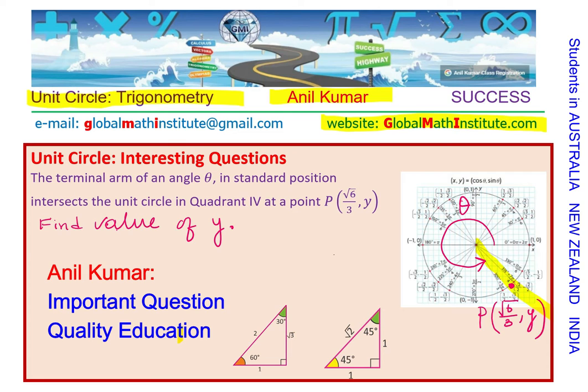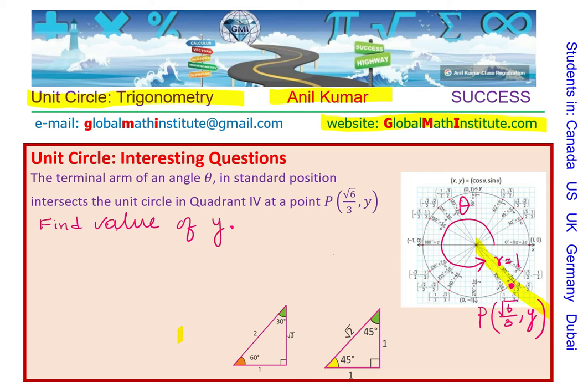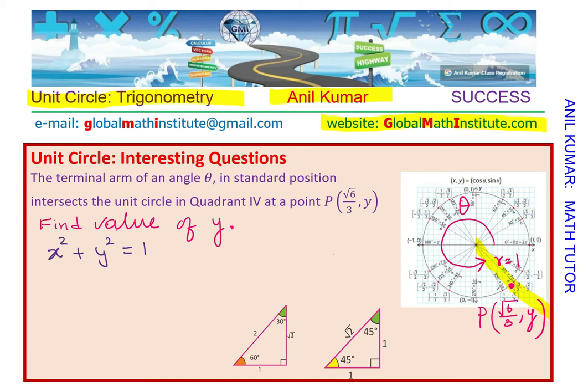Well, clearly, to find this answer, we know one thing, that the radius r is equal to 1, correct? The radius r is equal to 1. So what should be the value of y? We can write down the equation, which is x square plus y square equals 1 square over 1.